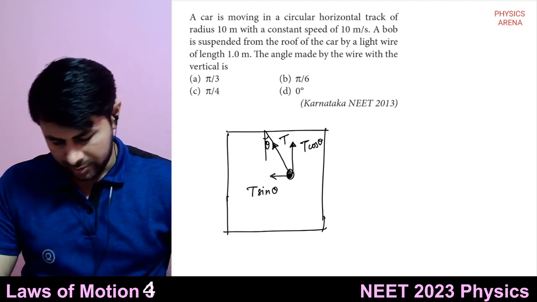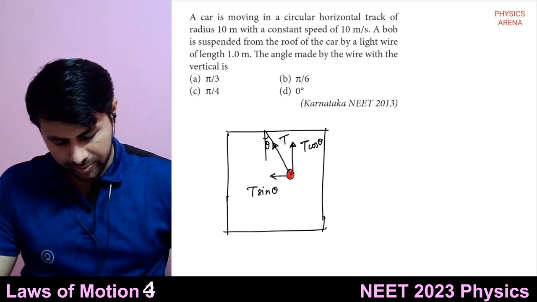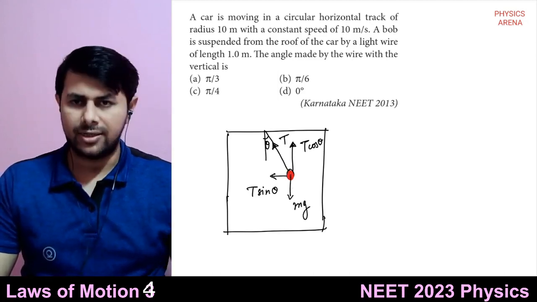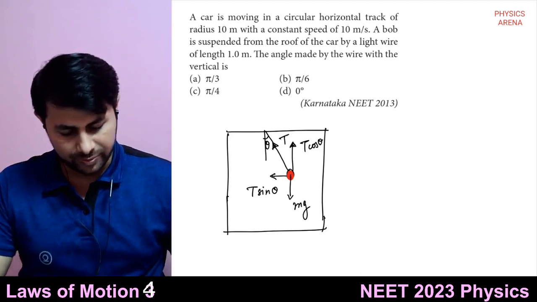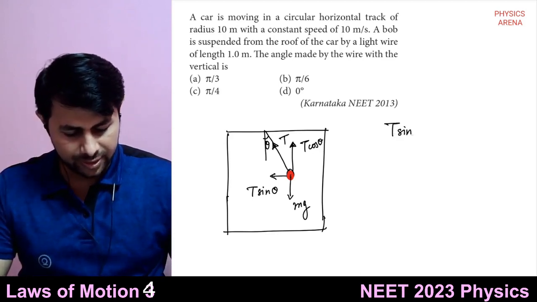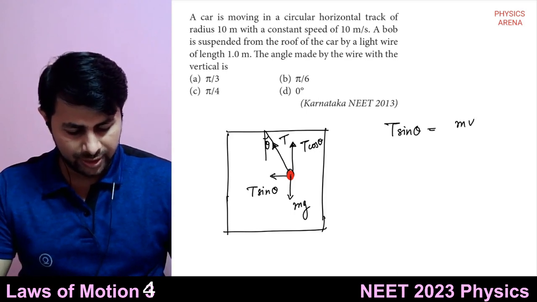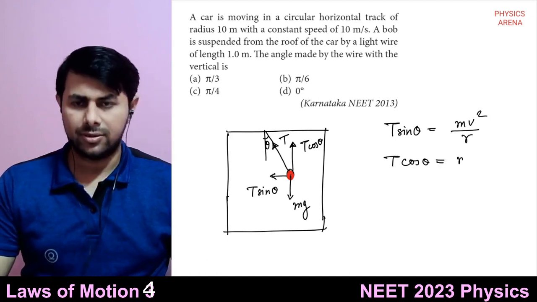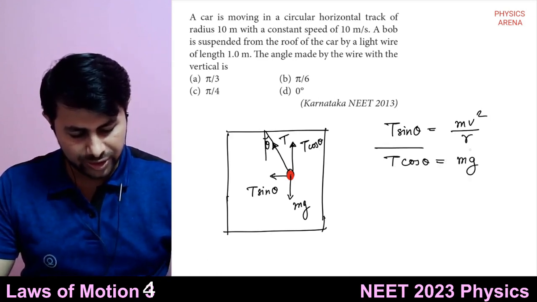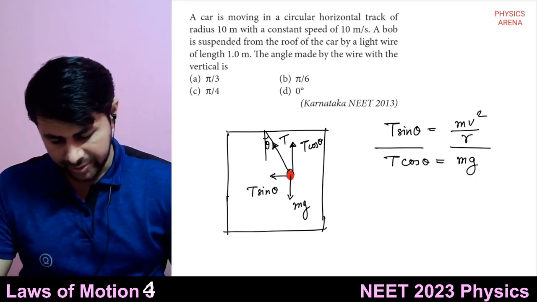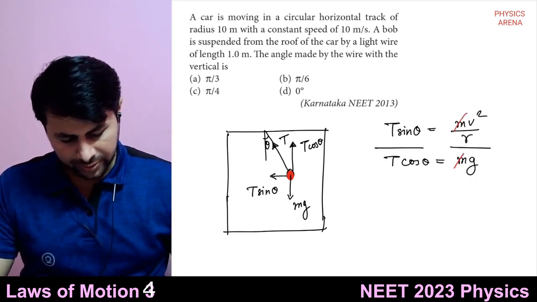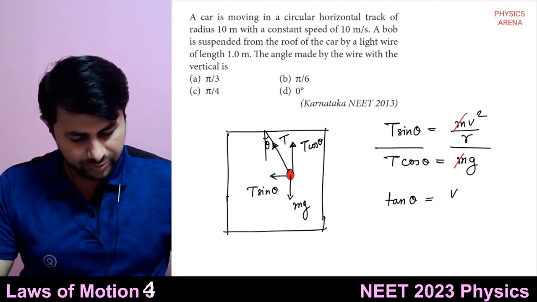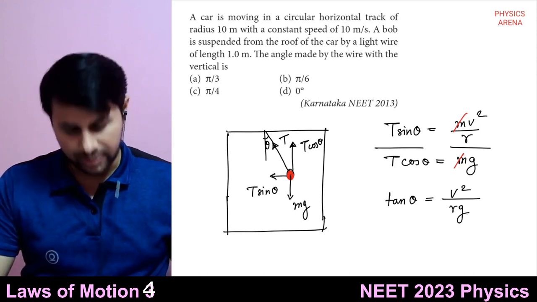For this bob, T cos theta balances the weight, and T sin theta provides the centripetal force. So T sin theta equals m v square upon r, and T cos theta equals m g. If you divide these two equations, T gets cancelled. You get tan theta equals v square upon r g.